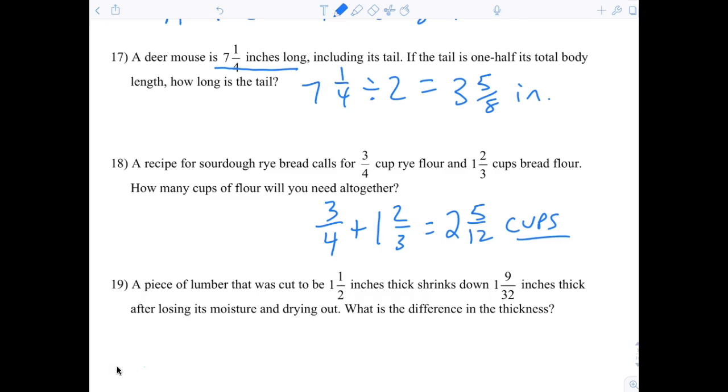Yes, you could do that also. Listen to me. Very good question. You ready? Pay attention. Divided by 2 is the same as multiplying by 1/2. So do this for me. Take 7 1/4 times 1/2. Try it again.